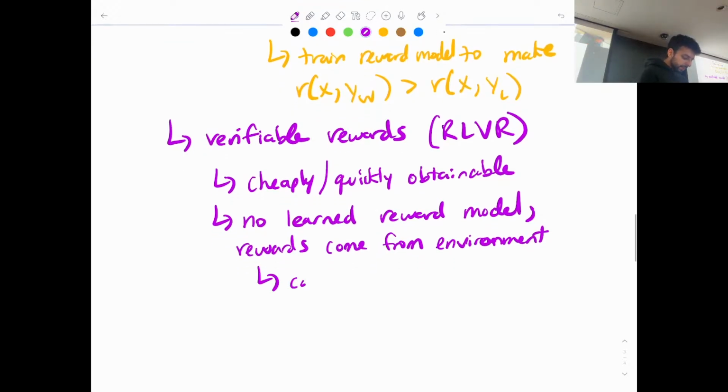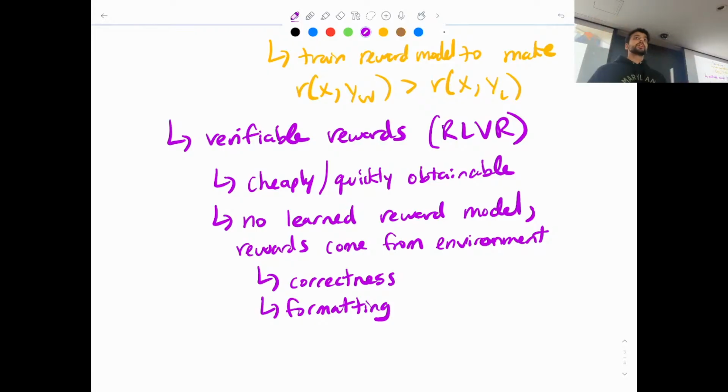So common things that you can create rewards for are correctness, like in the case of math problems, and formatting. At the end of the last class, we talked about how nowadays models perform some thinking within these special think tokens, and then also produce their final answer within separate special token tags.